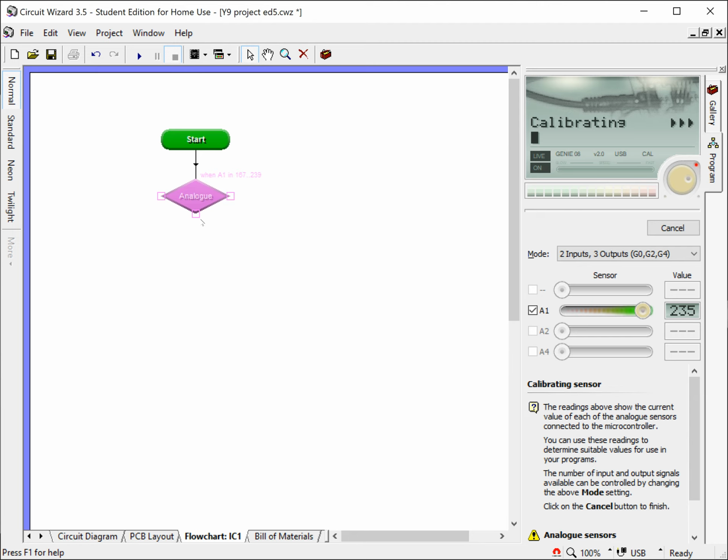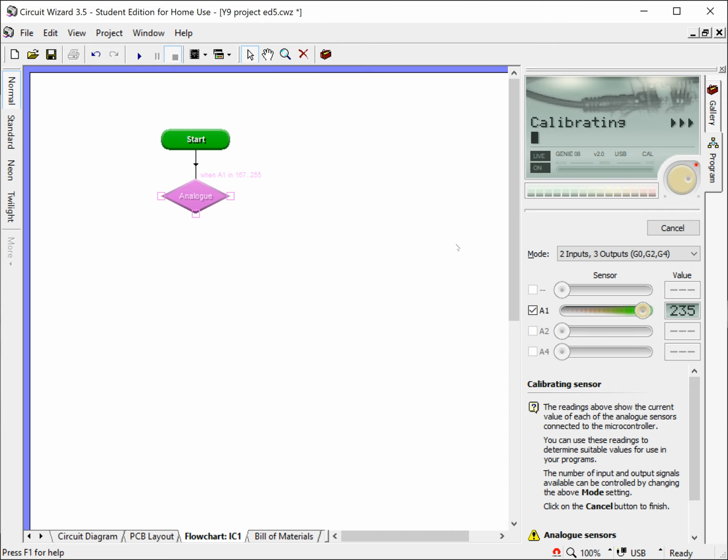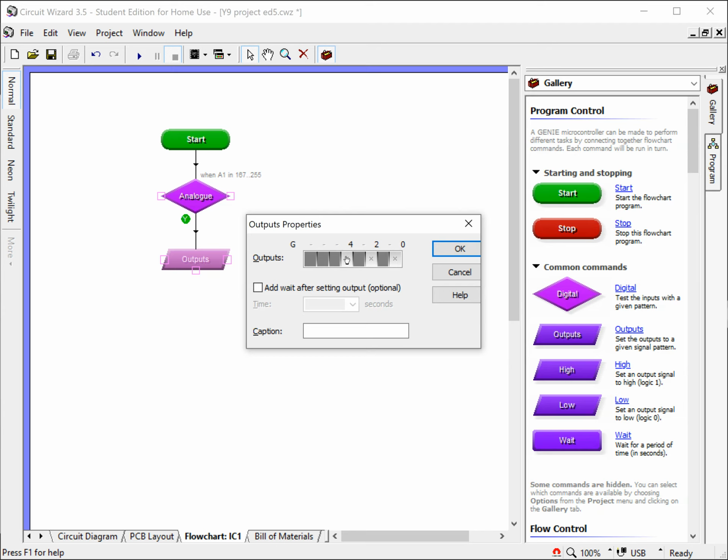Actually, what I'm going to do is take that up a bit more, just to make sure that it's correct. And what do we want to do? Well, back to the gallery, we want the outputs to go high if it's in that lighting state.